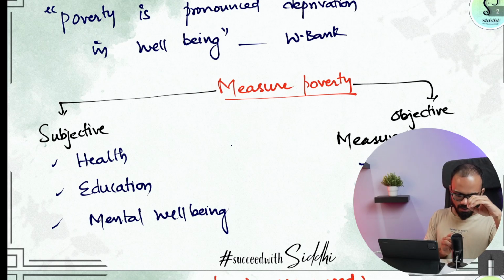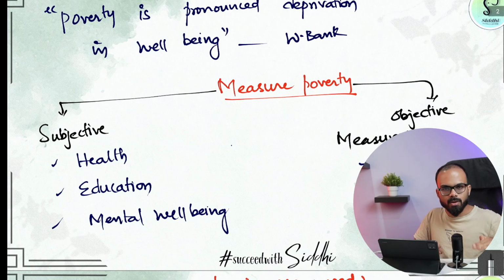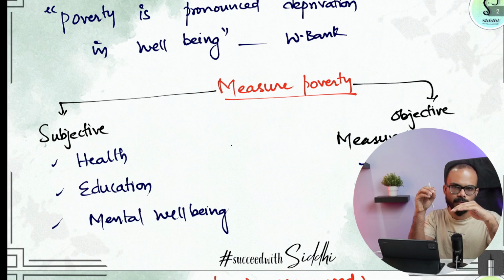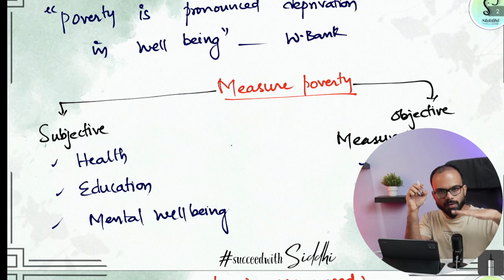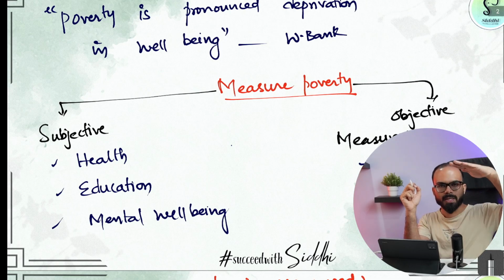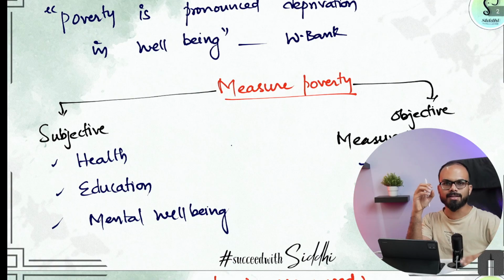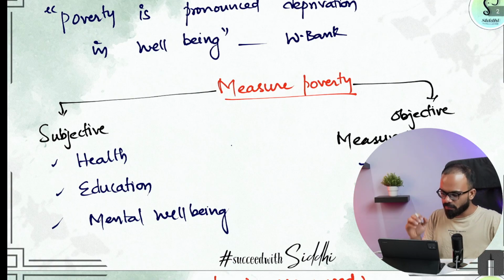For example, in my point of view, certain standard of health is considered as a good standard, and below that it might be a bad standard. Whereas in someone else's point of view, this standard is also very bad, and the standard that is expected is here. So this is called a subjective measurement of anything.